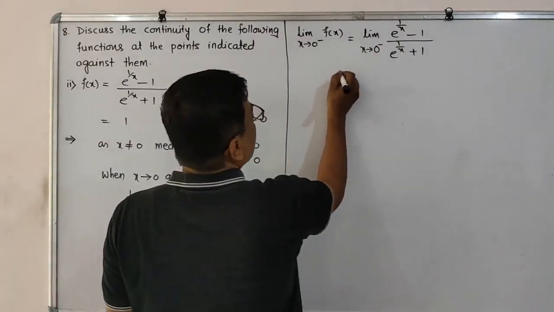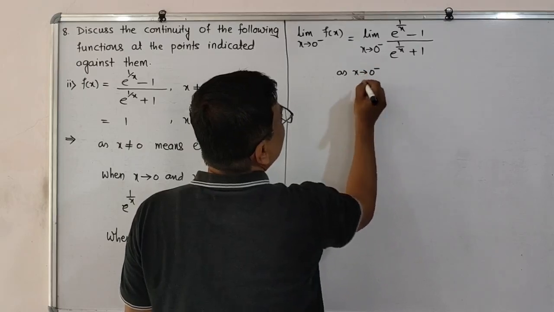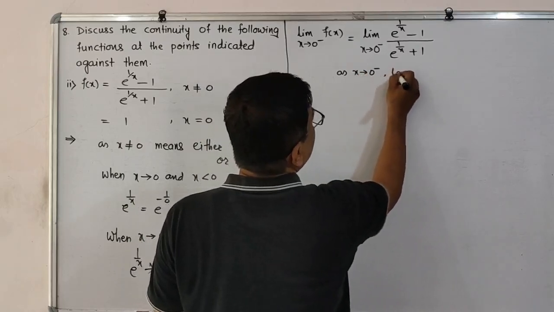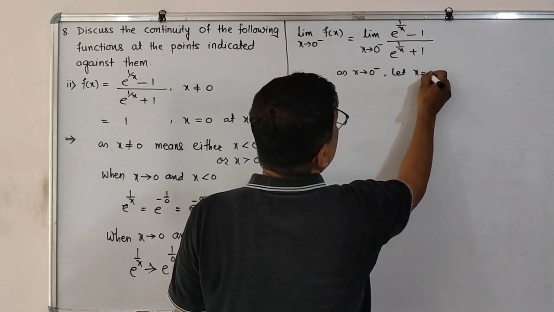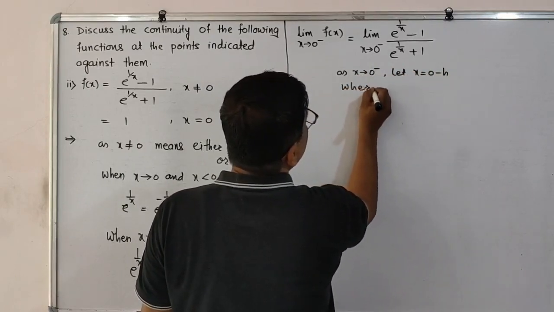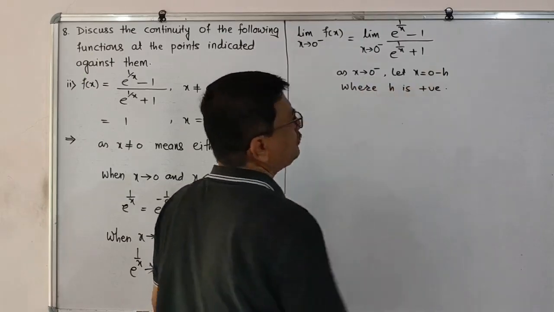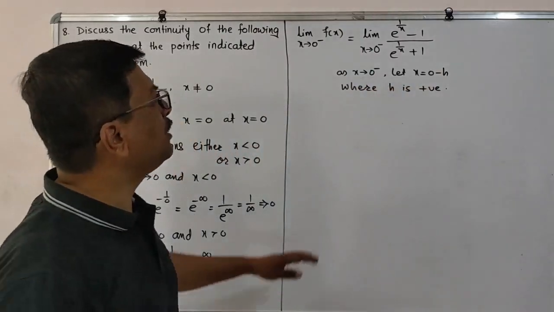Now as x tends to 0 minus, let x is equal to 0 minus h, where h is positive and a very small value.